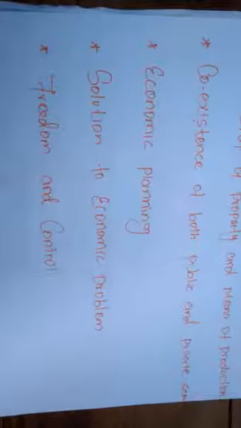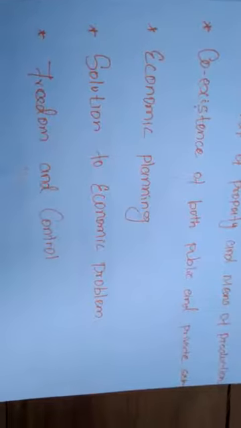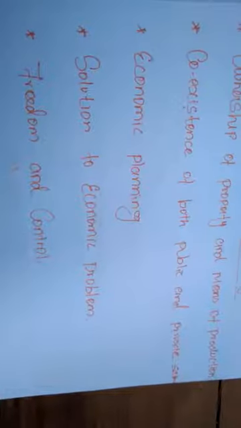So even though the private sector has the right to hold resources, the central government or the public sector gives the permission to the private sector for making economic decisions.